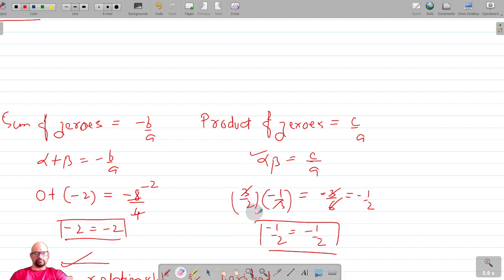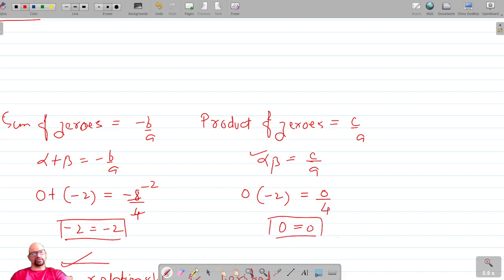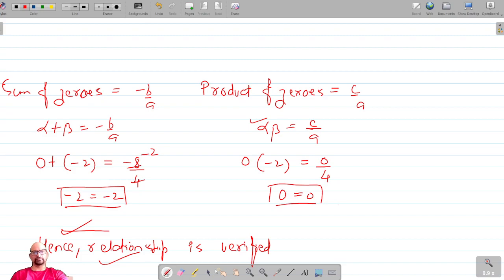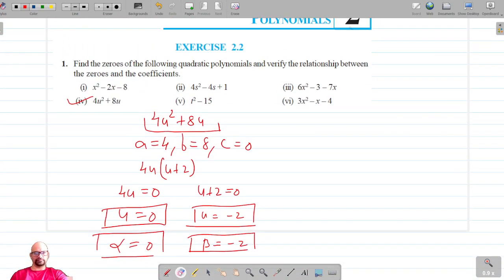Now let's verify the product of the zeros. So it's 0 into negative 2, c is 0, a is 4, so 0 is equal to 0. Hence, the relationship is also verified in this case. Okay, let's move on to the next one.